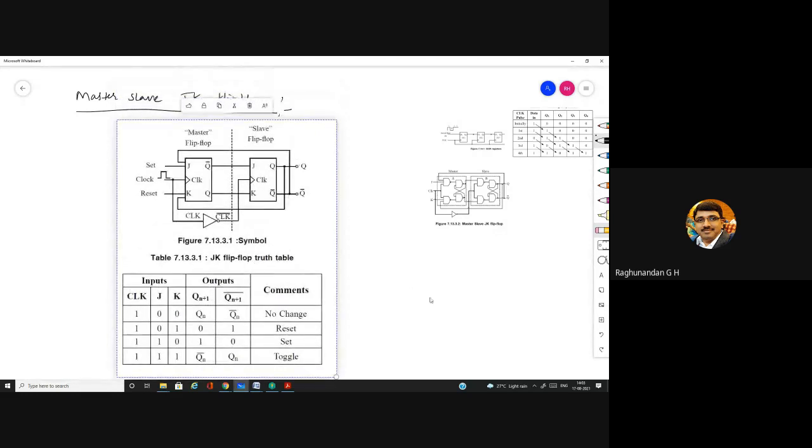You can observe here, we use two JK flip-flops which are connected like this, cascaded. So the output of this is fed as input to this.